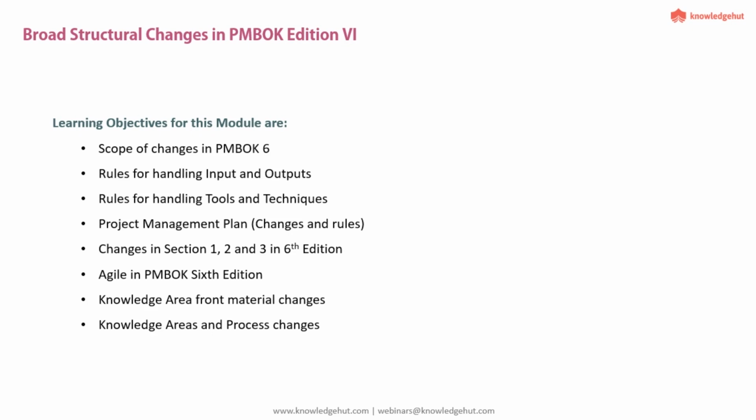So for every knowledge area, there are maybe 1 to 3 pages of information which talk about some of the trends, some of the concepts, leading concepts, just to summarize and provide the latest thought process for that knowledge area that exists in the industry. So this is one common new thing they have added.